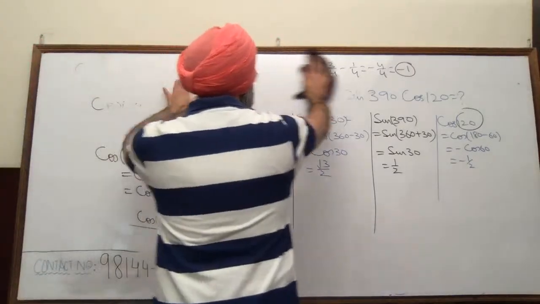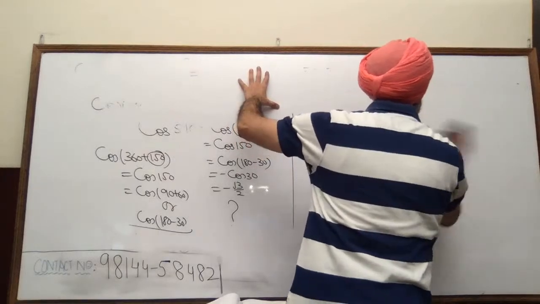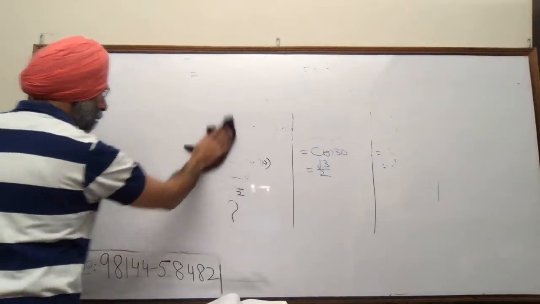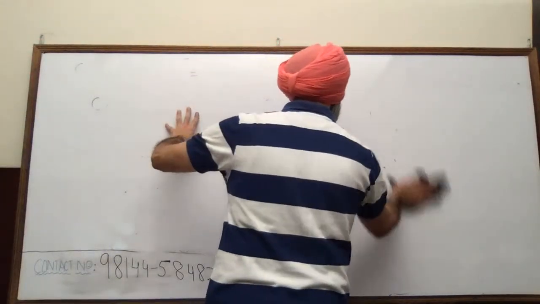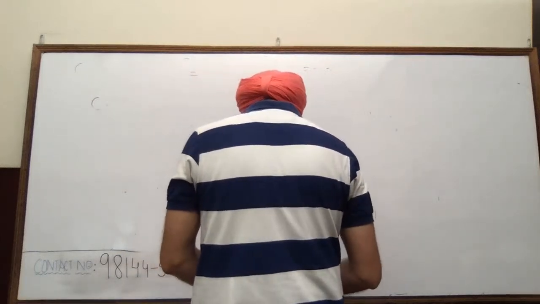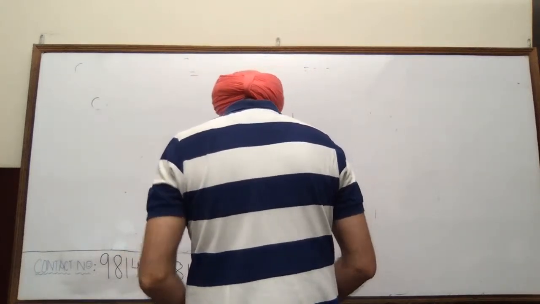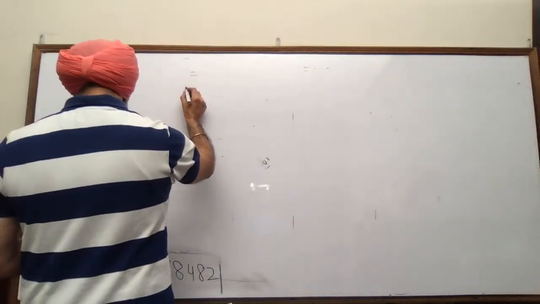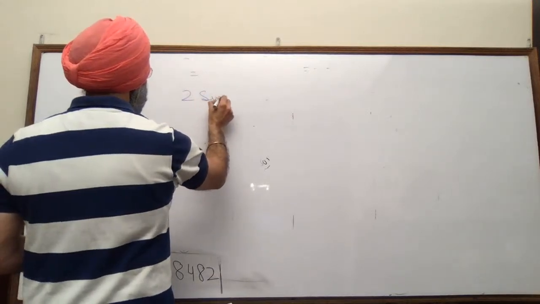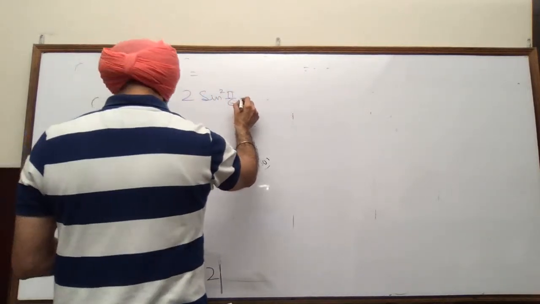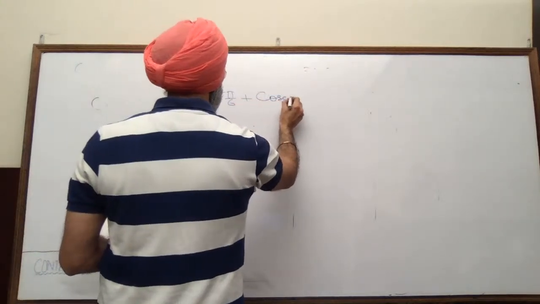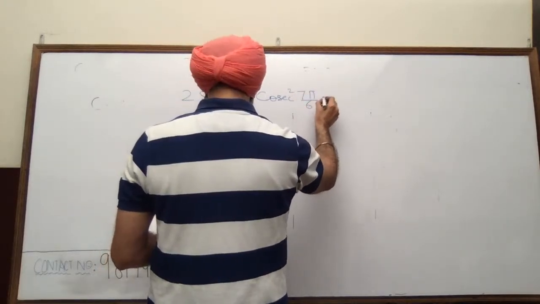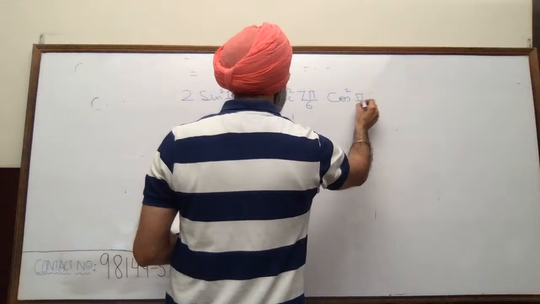Now the next question is: 2 sine square pi by 6 plus cosecant square 7 pi by 6 into cos square pi by 3.